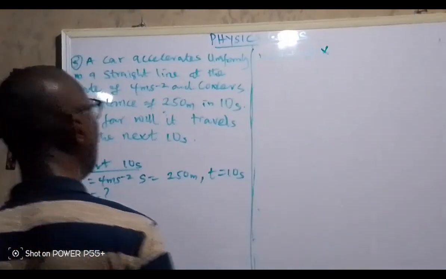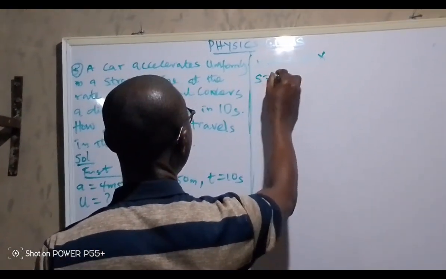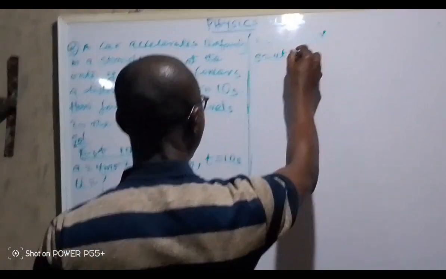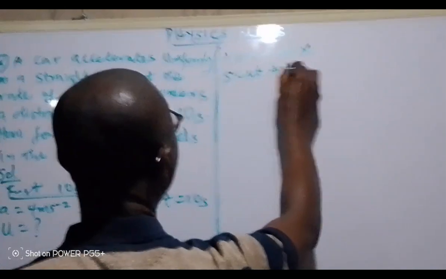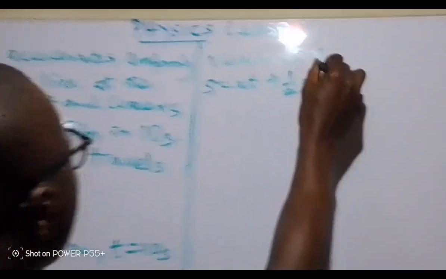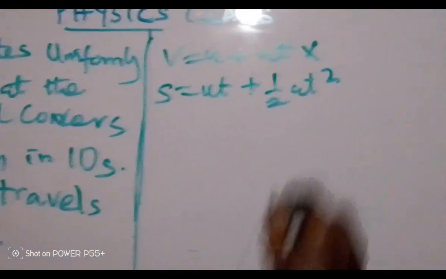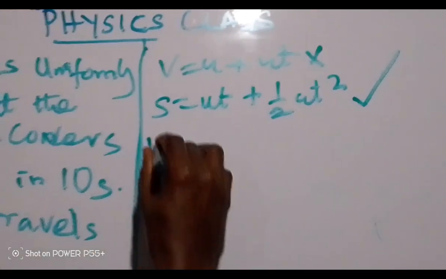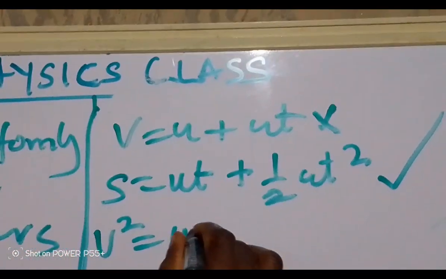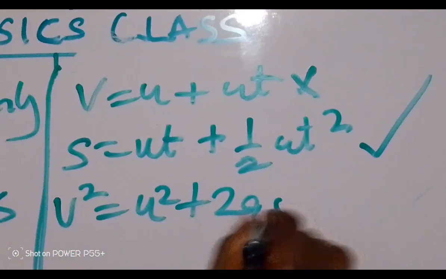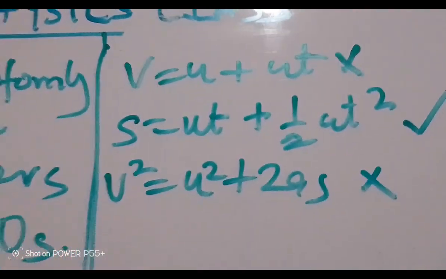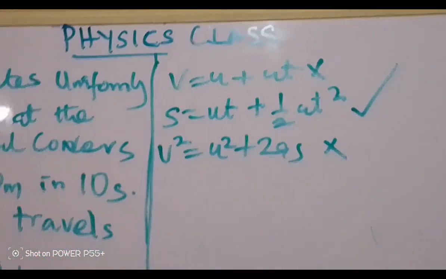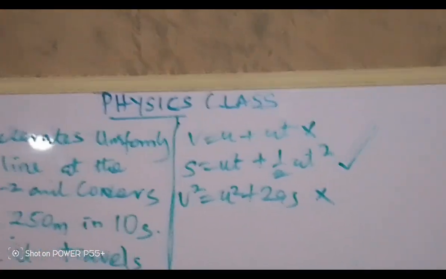Let's write the second equation: s is equal to ut plus half at squared. Definitely this one will work. If you write the third one, v squared is equal to u squared plus 2as, this one cannot work because we need the initial velocity, and time is given but v is not there.